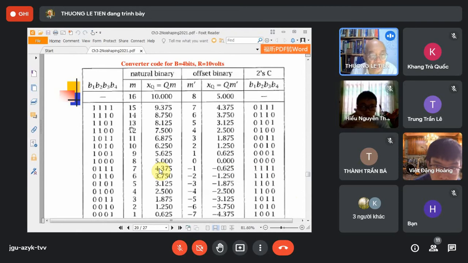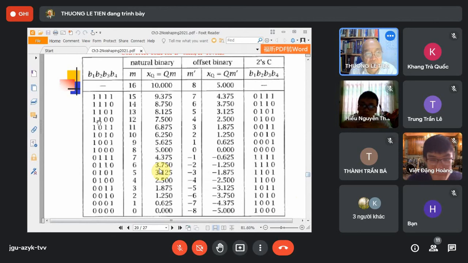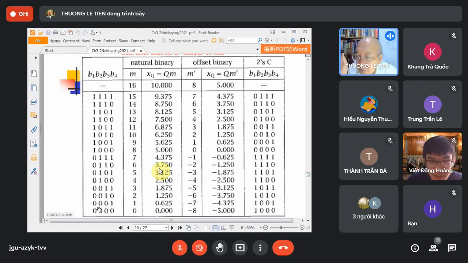Now look at this one. We build up the code table like this. The first column, because B equals 4, has 4 bits, so we list 0000 to 1111. The second column specifies the decimal value of the 4-bit code.